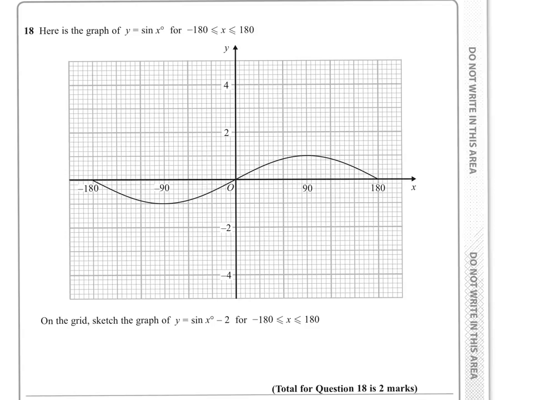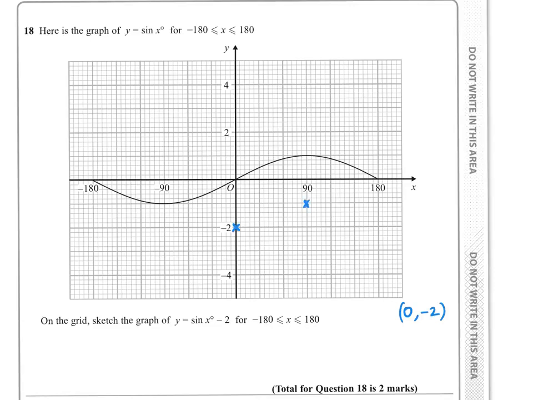So what we have here is one point here has gone down by 2, and that's like having 0 minus 2. So that's 1 point. This one here is 1, so it stays at 90 but goes down to minus 1.